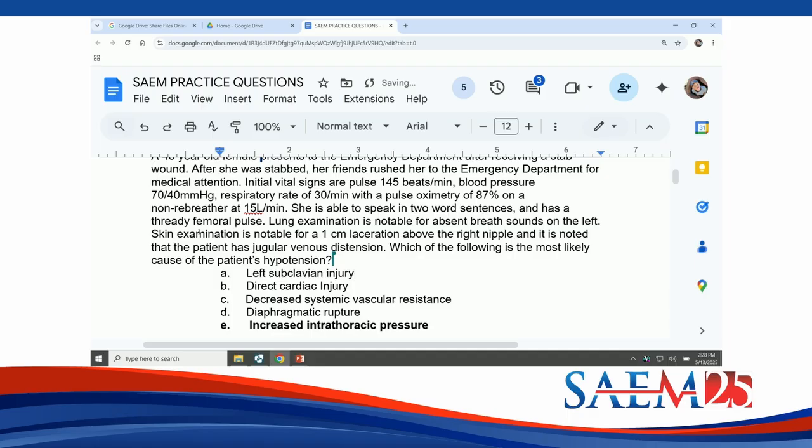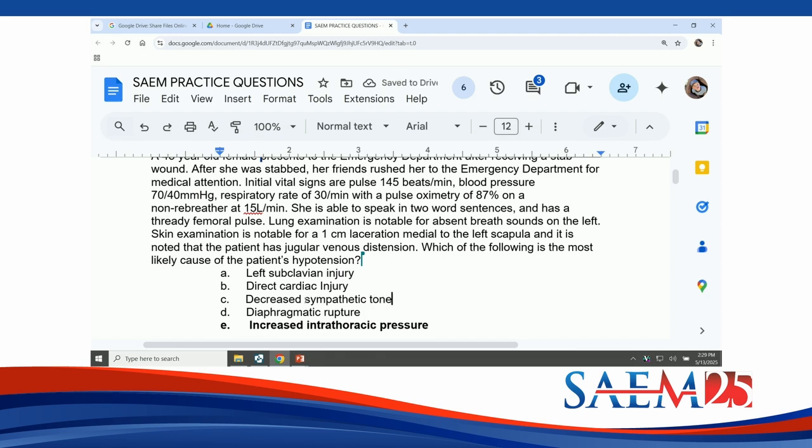Oh, you want the stab wound to be on the back? And so then you want to change which one to spinal injury? Something like that.